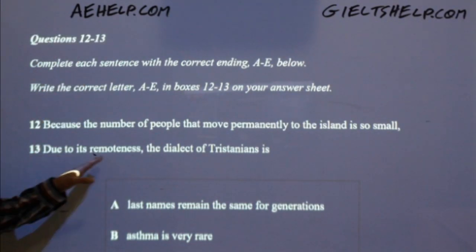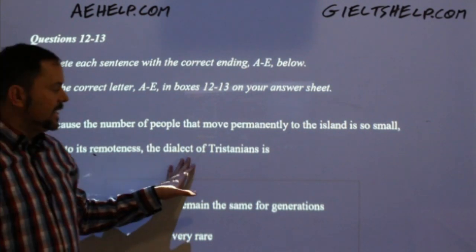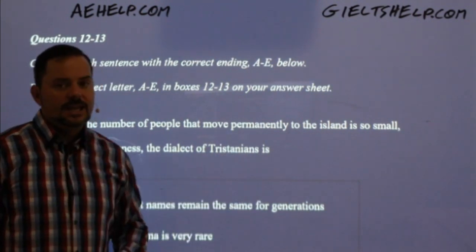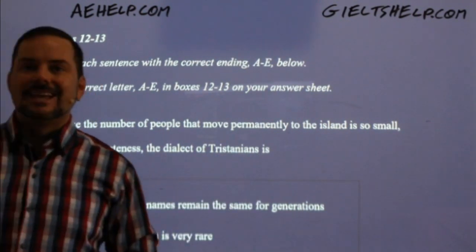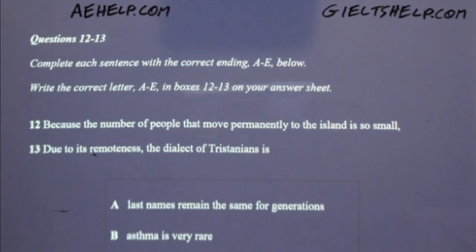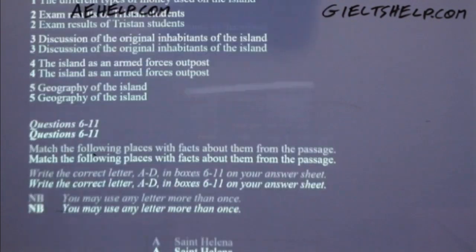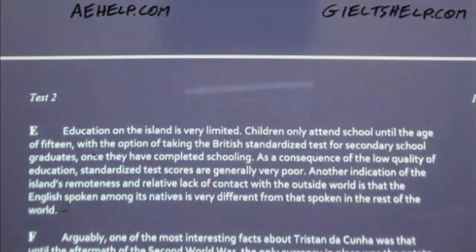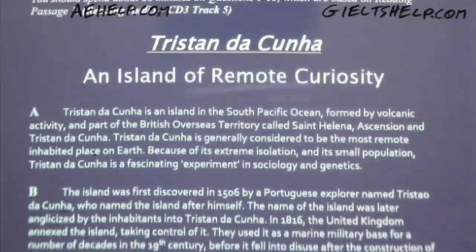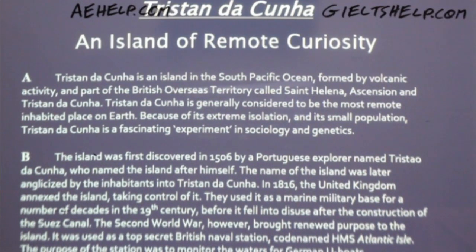So due to its remoteness, the dialect of Tristanians is, okay, so something about their language. It's fantastic. All right, great. So now we have a better idea of what's going on. So let's read, okay?